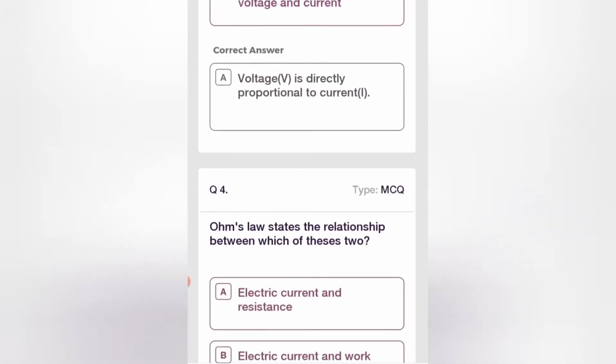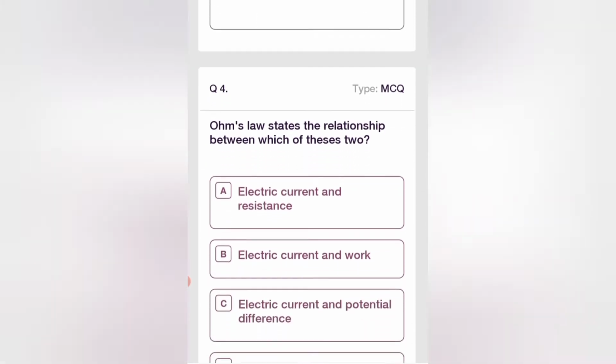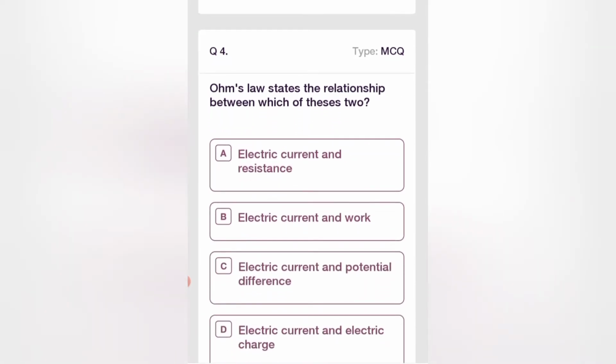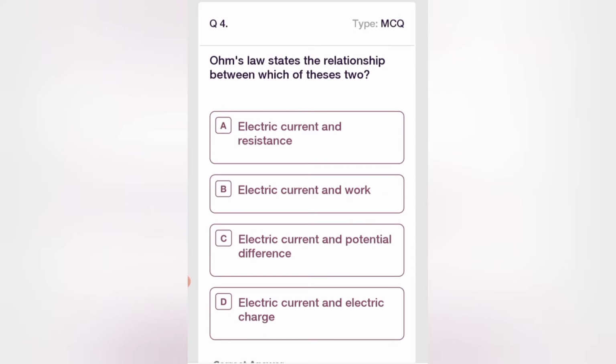Ohm's law states the relationship between which of these two quantities? We know that it is a linear relationship between voltage and current, isn't it? Option A is electric current and resistance, I and R. No. Electric current and work.